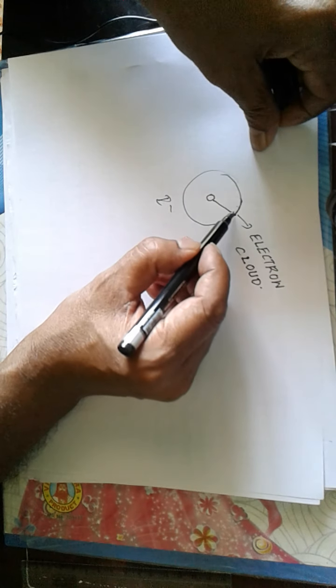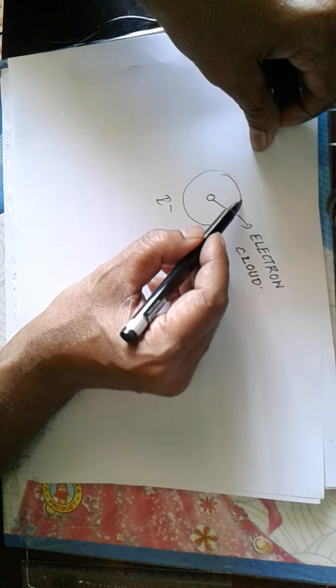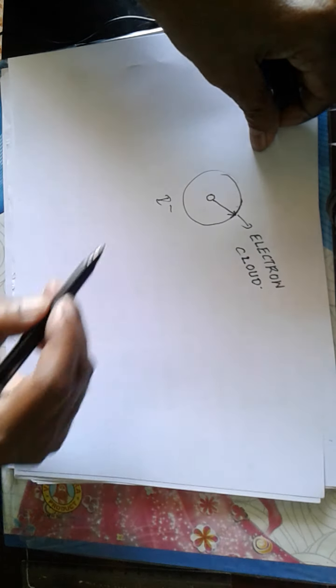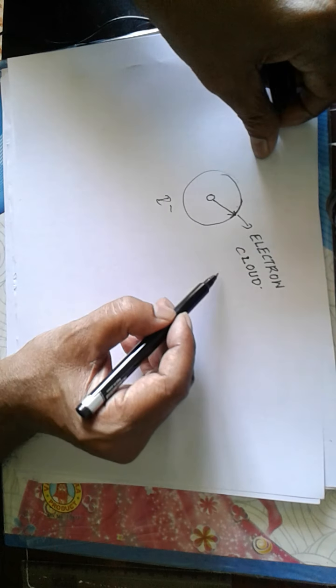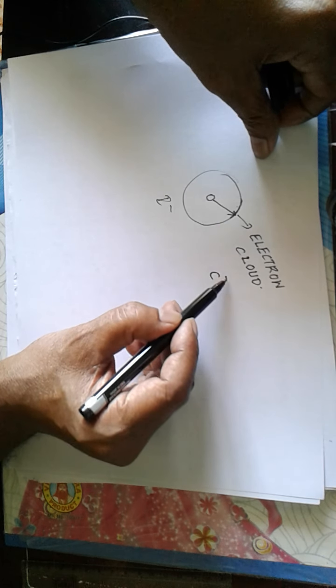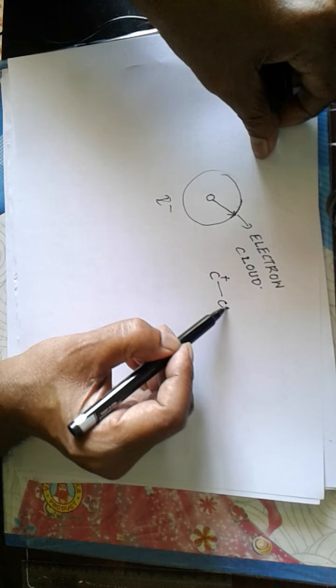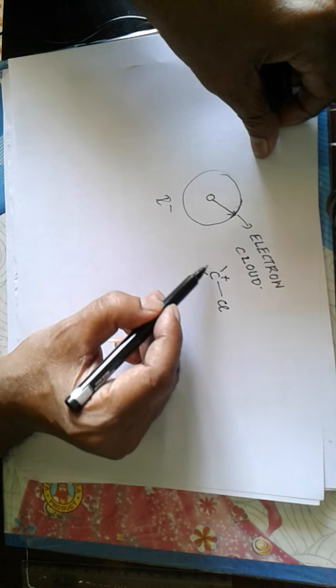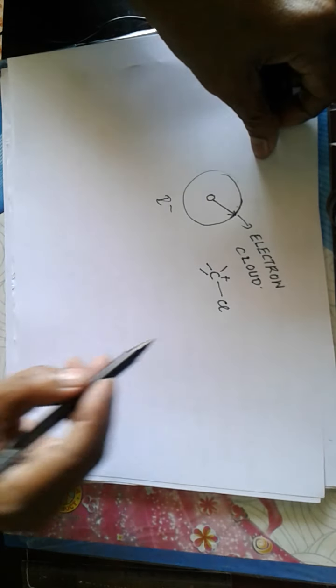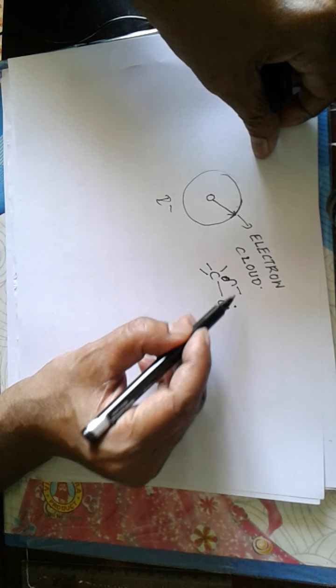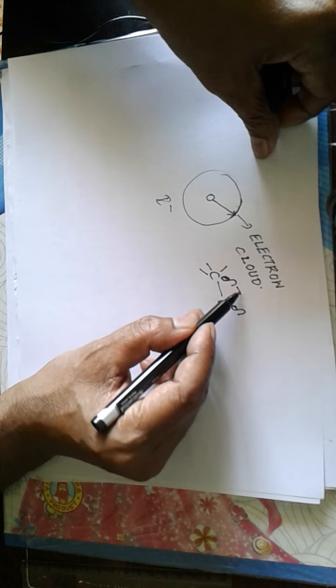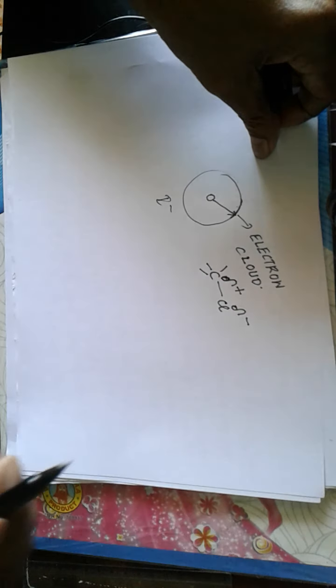Now since this distance is very great, the outermost electron cloud may be easily distorted by a positive ion coming near the iodide ion. See, in a case of a C-Cl bond, we have a delta positive carbon and delta negative chlorine.